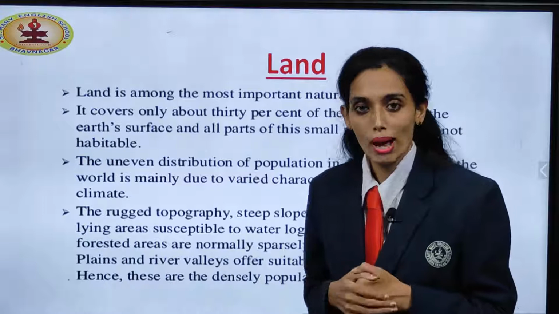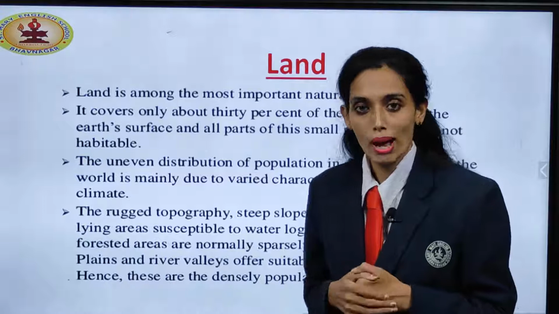Land degradation, landslides, soil erosion, desertification are the major threats to the environment because of the expansion of agriculture and constructional activities. Here you can see, because of usage of the land, there are different problems which are arising.